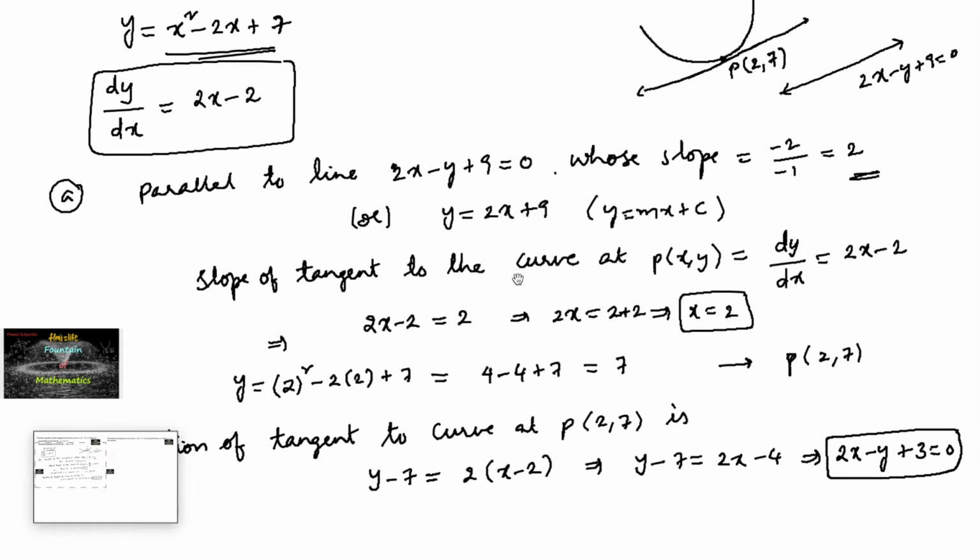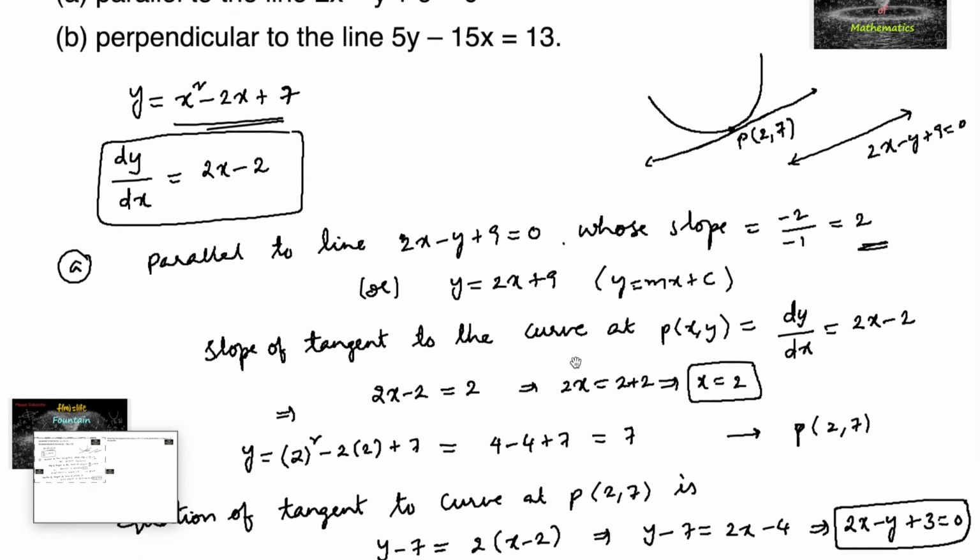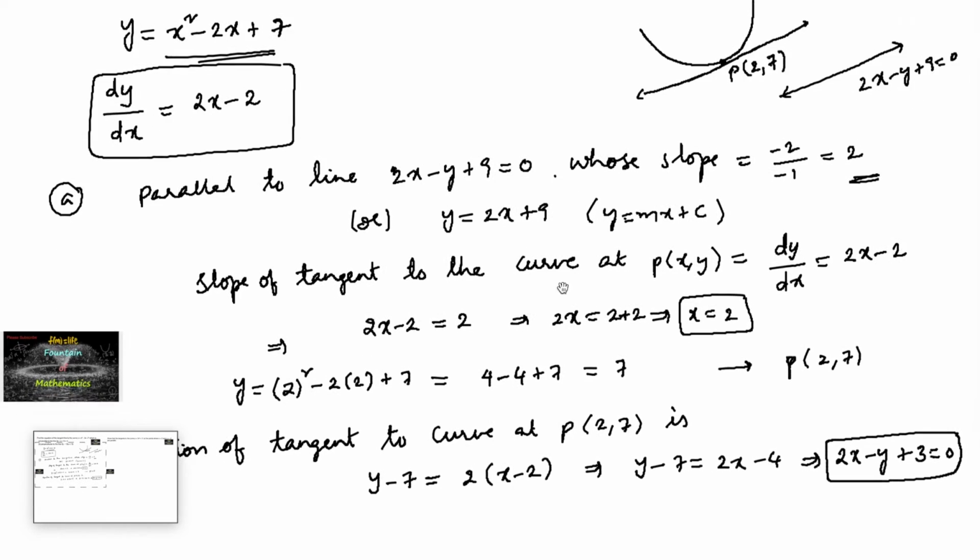And now let's see the second question, when it is perpendicular to the line 5y minus 15x is equal to 13.